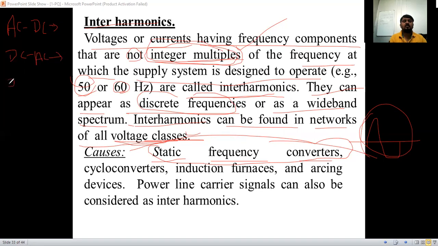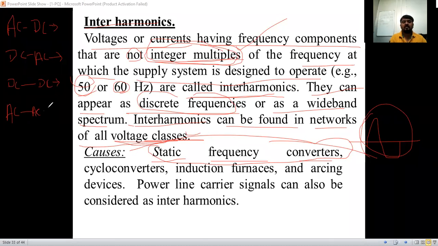Next, DC to DC, which converters? And AC to AC, which converters are we going to use? Can anyone tell? You have studied all these things in power electronics.